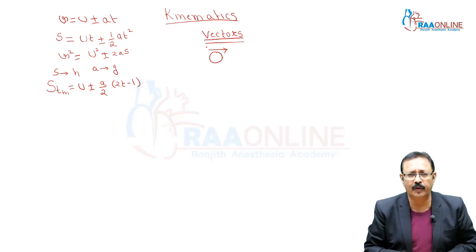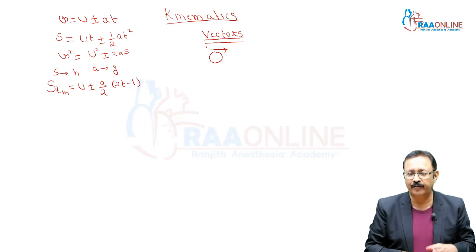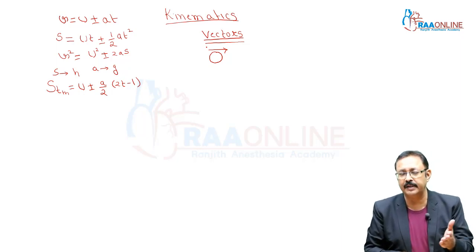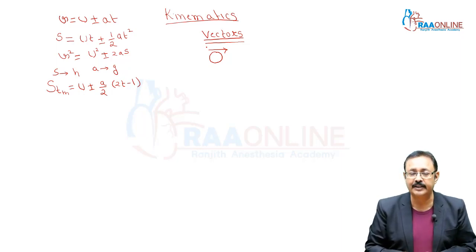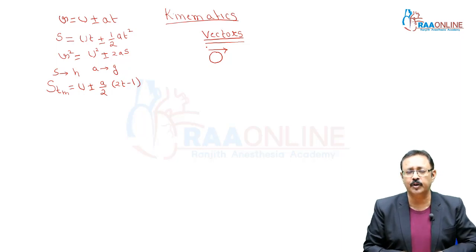Is it 0 oranges? No. You will say 5 apples minus 5 apples means 0 apples. That's why we need the zero vector. If vector A minus vector A, what should be your answer? It should be the zero vector.